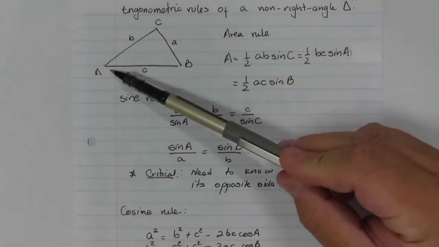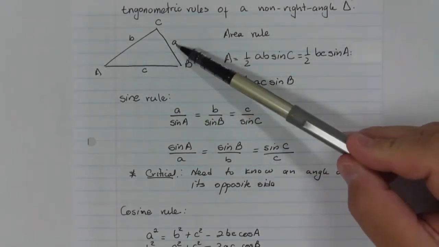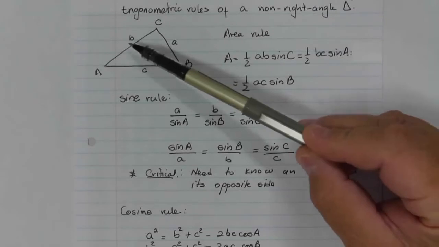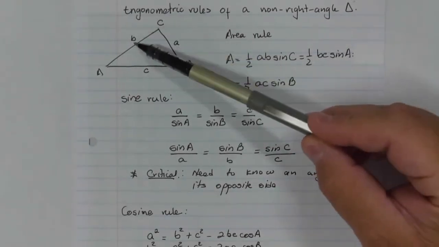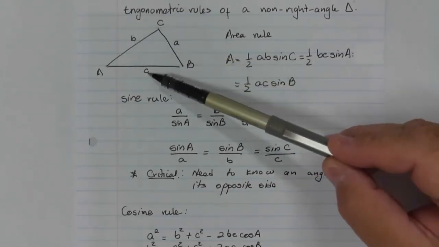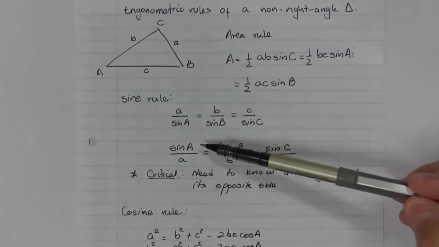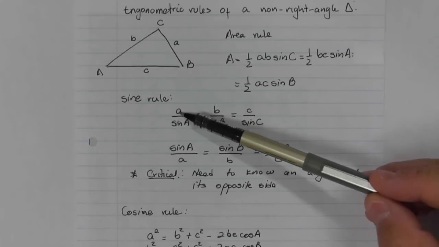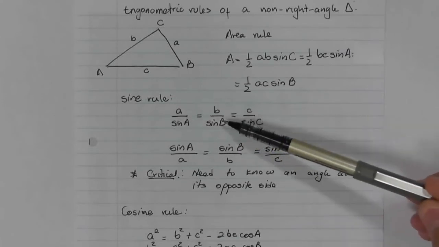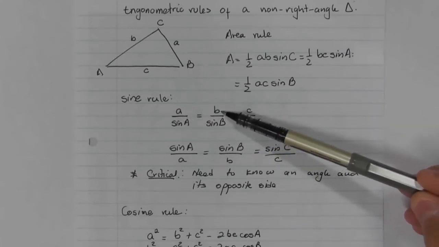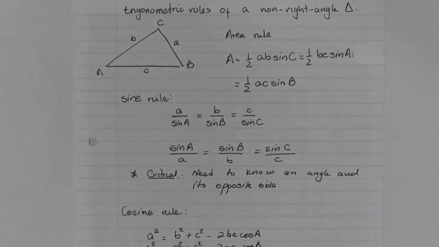So if you know the angle A and the side A, or the angle B and the side B, or the angle C and the side C, you can always use this rule plus any other element. So in this case, if I knew angle A and side A, and either angle B or side B, I could use the proportion in order to find the other one that I'm missing.